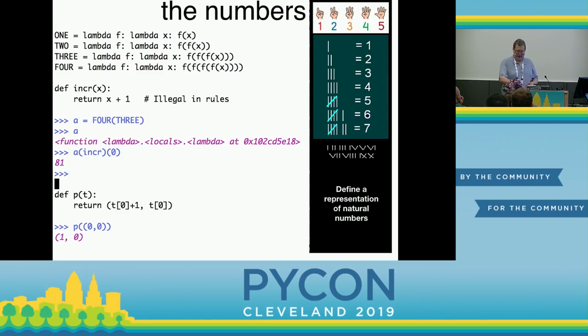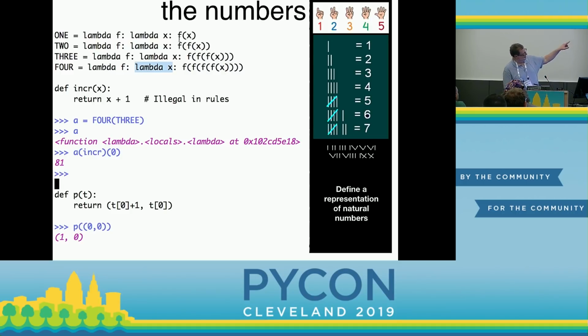The thing that I want you to focus on is that they are functions. Lambda defines a function, and this is a function that returns another function. I'm going to be stretching you on the syntax a little bit here.